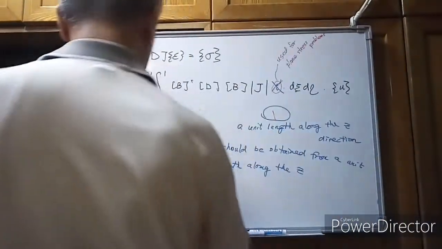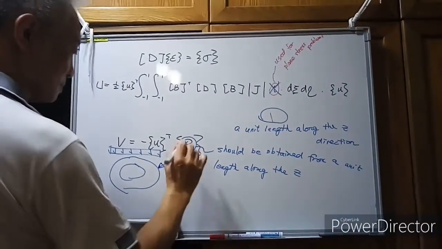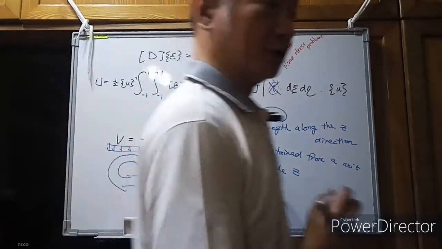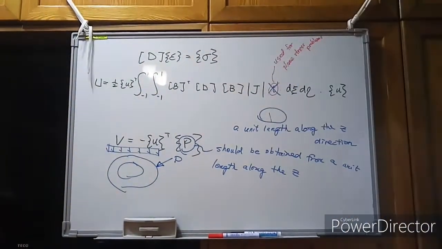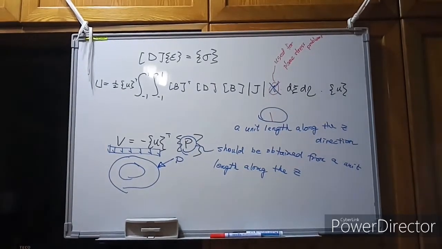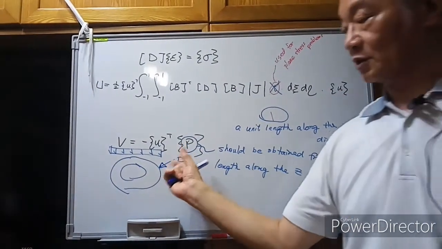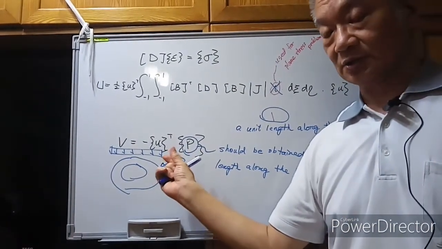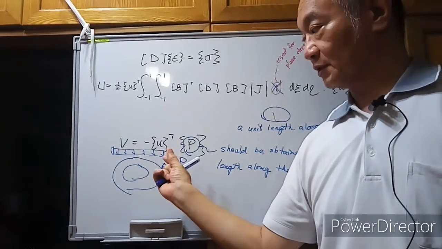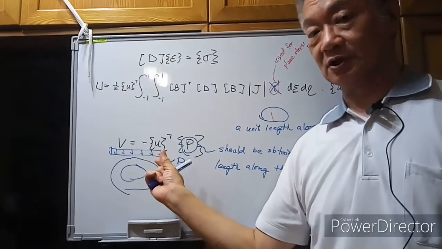Okay, so if we consider a concentrated load, the concentrated load will be the loadings applied, the resultant loading obtained from a unit length along the z.